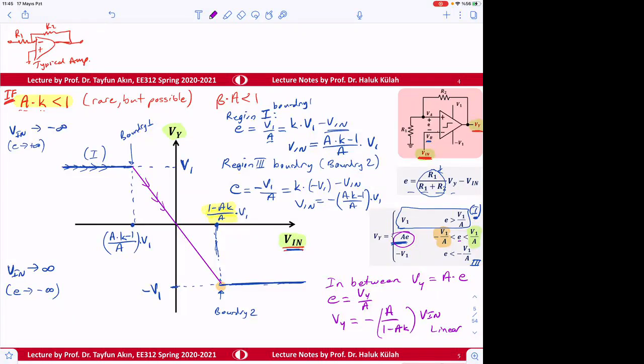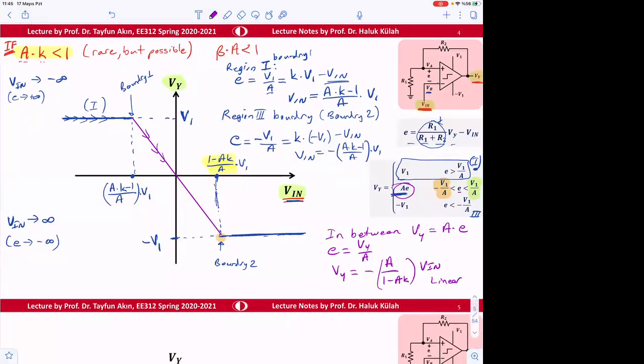But this is not interesting. I mean, so what? If the input is one value, Vy is going to be another value.